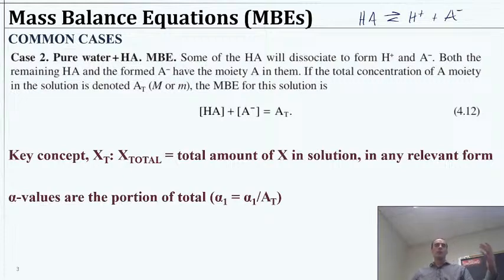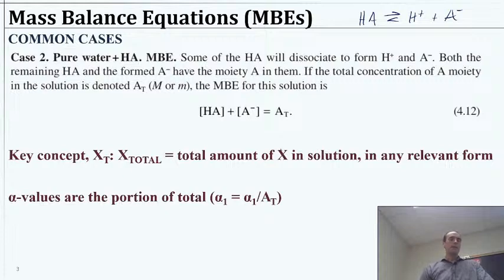And when that's the case, we're going to have H plus, we're going to have A minus, and the mass balance is to say that the total amount of A in here is, well, A minus plus HA, right, on a molar basis. So no matter how much is in the HA form or the A minus form, the total will be there. And we often will abbreviate this as A with a subscript T, so for total.